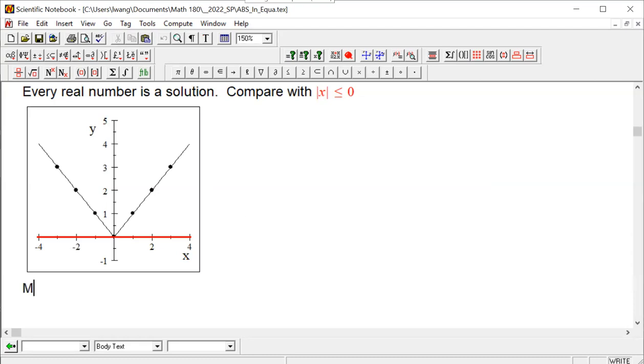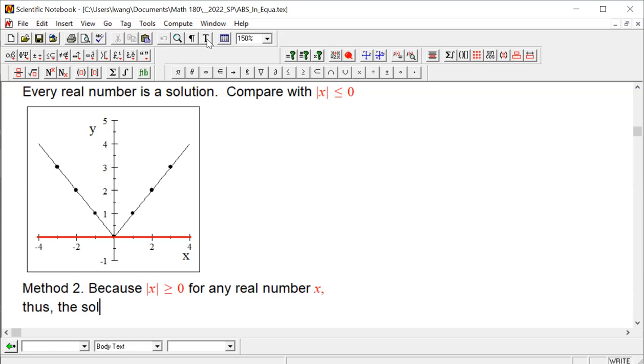So method 2: because the absolute value of x is greater than or equal to 0 for any real number x, thus the solution is all real numbers.